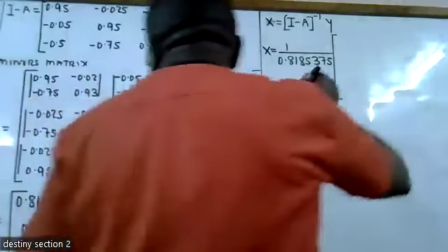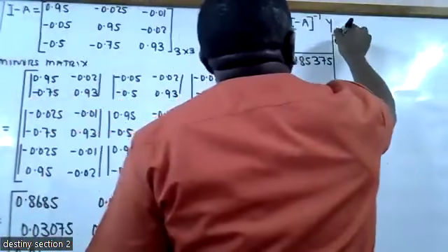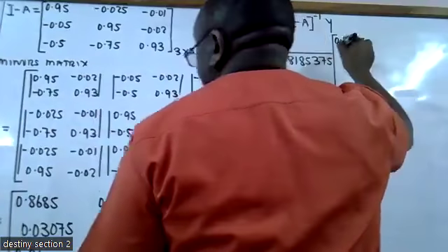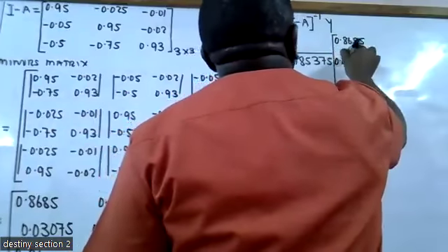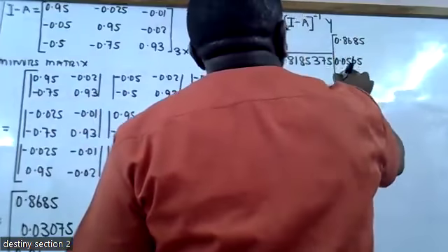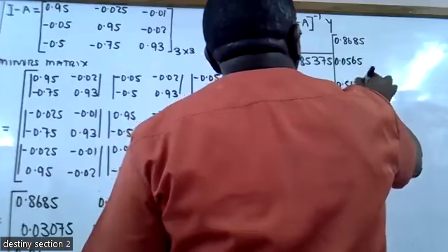So in transposing, I will record 0.8685, 0.0565, 0.5125.